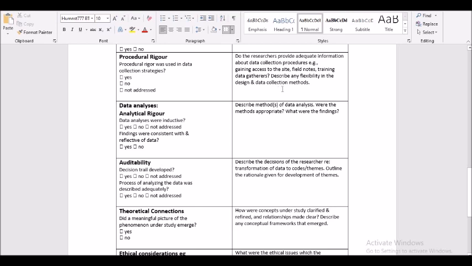Describe any flexibility in the design or the data collection methods. Whether there was any kind of flexibility or not is something that you need to understand. Data analysis, analytical rigor. Data analysis was inductive. Now you see, this is where my biggest problem comes in. We talk about deductive and inductive, and majority of the time I see people saying, okay, I have used deductive reasoning.